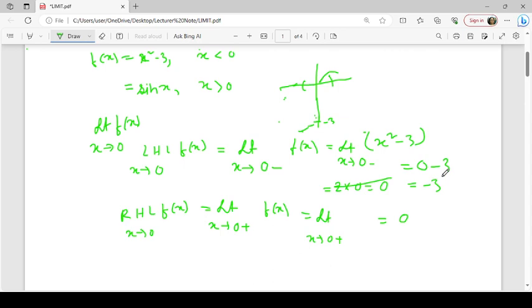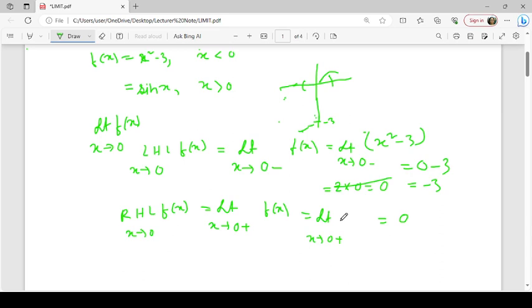So we get, x is approaching from the left, this is the neighborhood, so for negative x, less than 0, this is the path, and it comes to the point -3, and when it is here, it comes to the point 0.